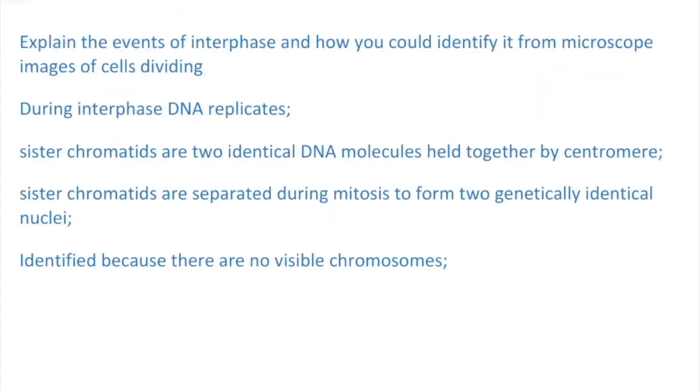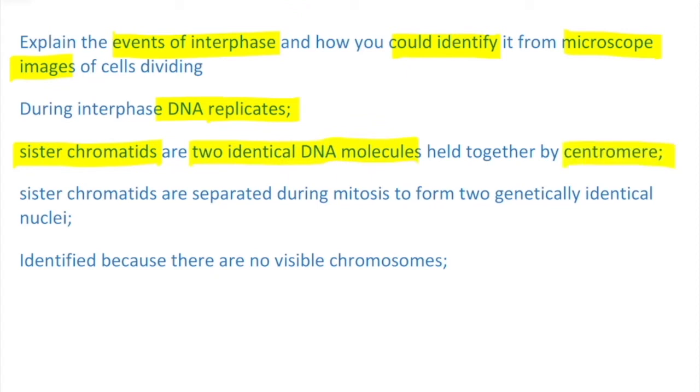Okay, back to our summary. So what are the events of interphase and how could you identify it from a microscope image? Well, it's the replicating DNA, where we have sister chromatids, which are 2 identical DNA molecules held together by a centromere. 2 identical molecules.